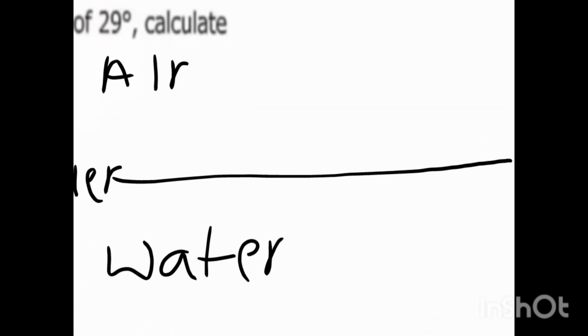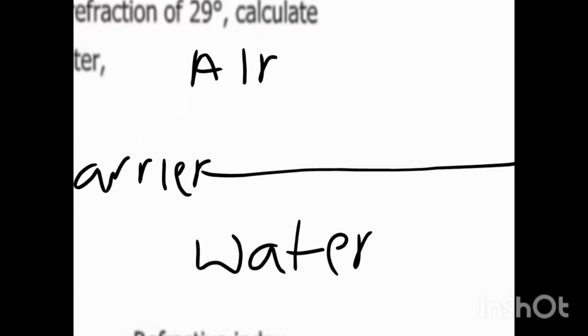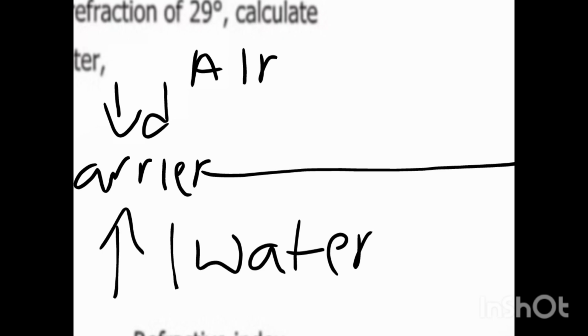These are the two mediums, the medium of air and the medium of water. You have to know that the medium of air is less dense as compared to the medium of water, which is more dense.